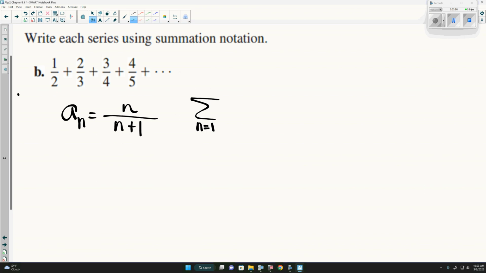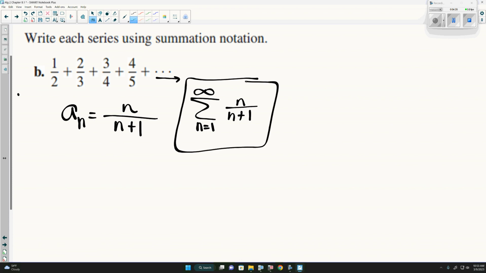Now, does this have an nth term, a term that we're ending at? No. So this is going to infinity. Because if it doesn't have a definite endpoint, it's just going off to infinity. And then we write the rule next to it.